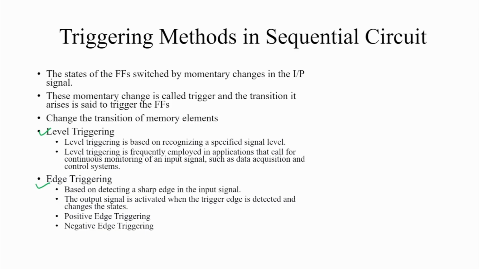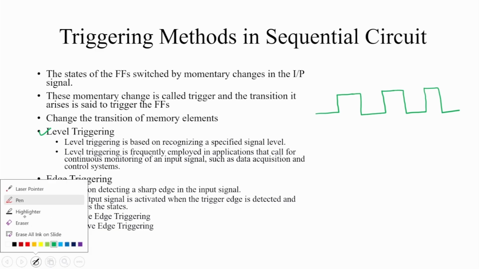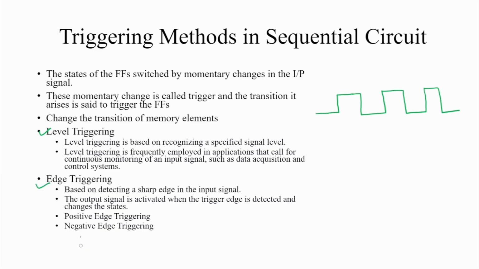What is the meaning of level triggering here? Suppose this is a clock pulse. Level triggering means the circuit behaves when the level is either 0 or 1. But here, suppose this is a clock pulse.